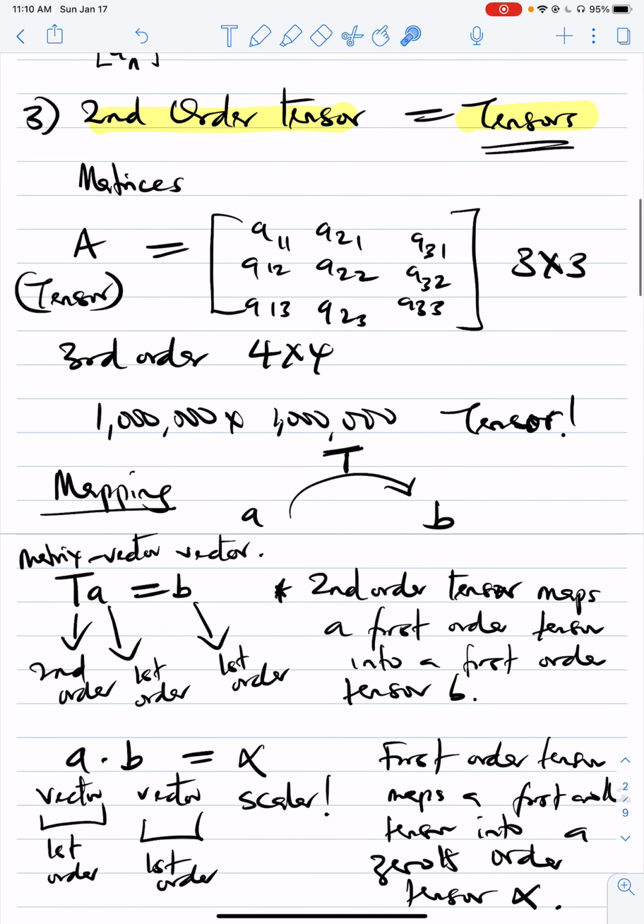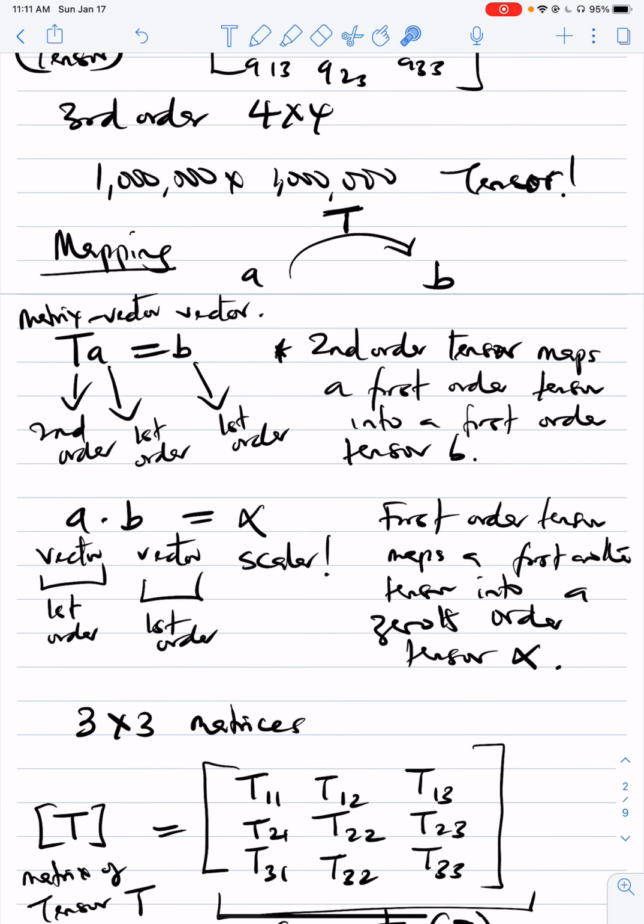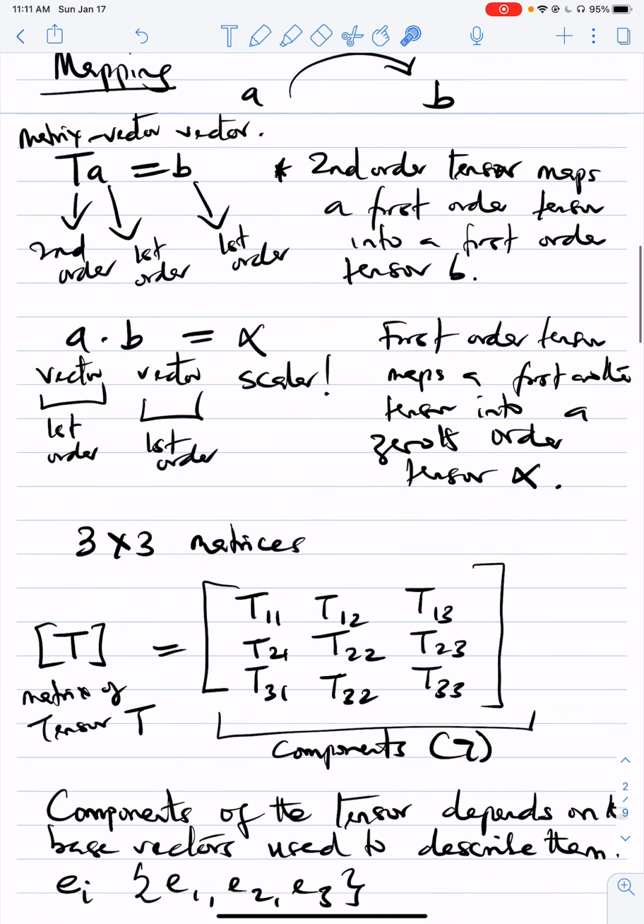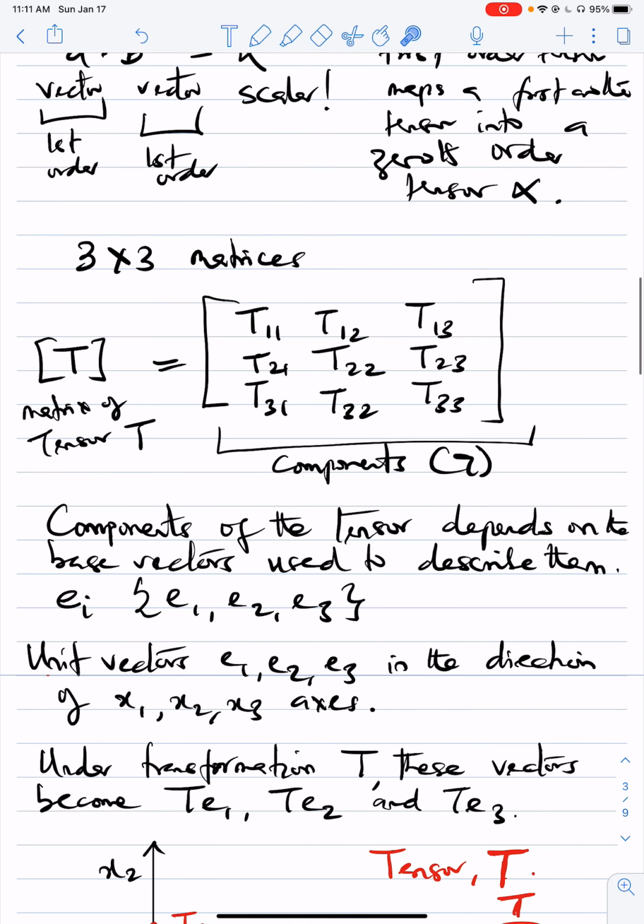Good. Then also like a mapping from one vector to another vector. So we looked at it as saying that second order tensors map a first order tensor into another first order tensor, which is B. And similarly, vector to vector to give a scalar. Then we looked at the components of this, and we tried to express these components with respect to base vectors Ei, right?